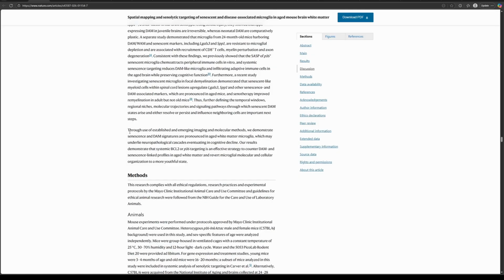So these specific microglia in the brain matter cause these cascades, which eventually lead to cognitive decline. That's very interesting. I like how much overlap there is between biogerontology and these type of neurodegenerative and other degenerative diseases such as Alzheimer's and dementia. There's a lot of overlap here between them, and I find that very interesting.